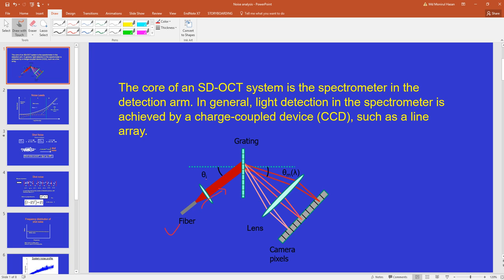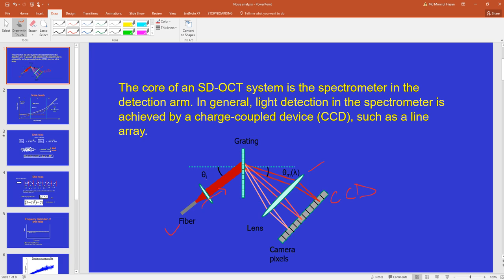There is a grating here. It will split the light into different wavelengths, and this lens will focus the light on the CCD camera, and we are detecting the light, and from there we are generating the image.